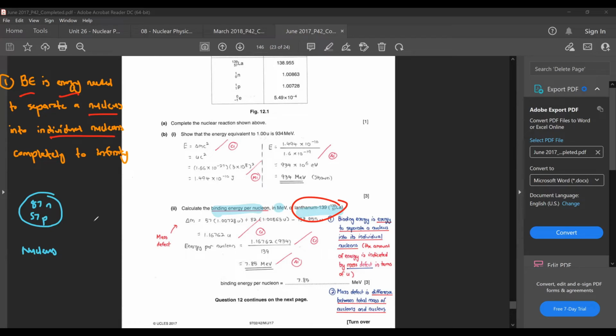Okay, the nucleus contains neutrons and 57 protons. Now, if you want to separate them into individual nucleons, you want to separate them into individual neutrons and protons, like this.